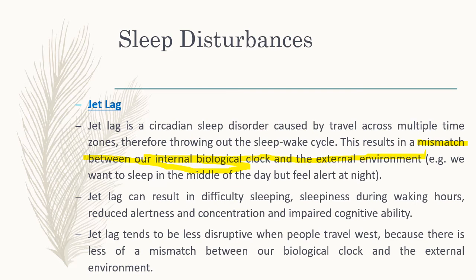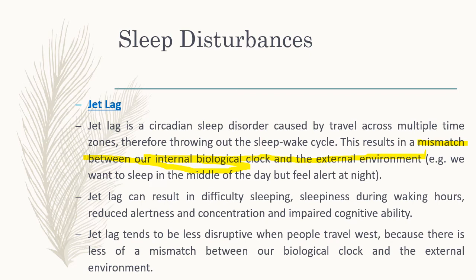So if you're in London and you normally go to bed at, I don't know, 9 o'clock in Melbourne and it's like 5 a.m. in London, there's a good chance that you are not going to be sleeping then. So this is that mismatch. It can result in difficulty sleeping, sleepiness during waking hours, reduced alertness and concentration, and impaired cognitive ability.